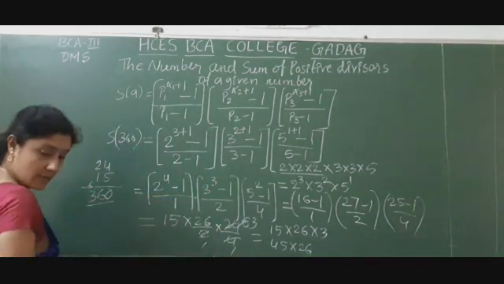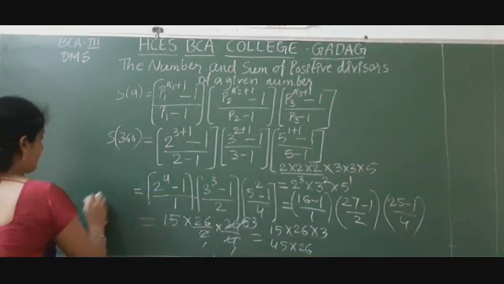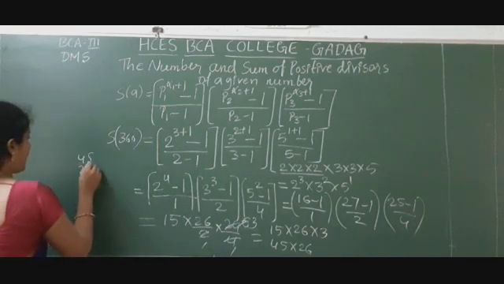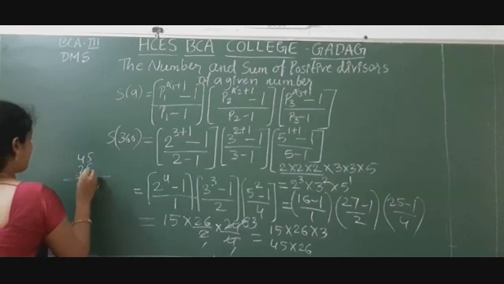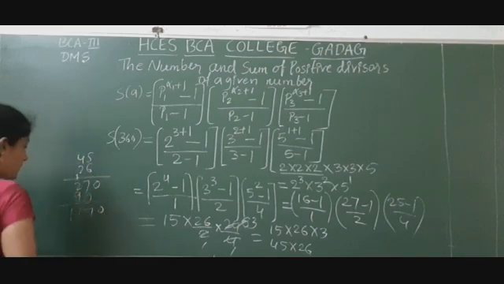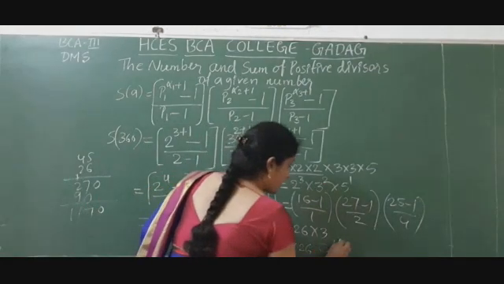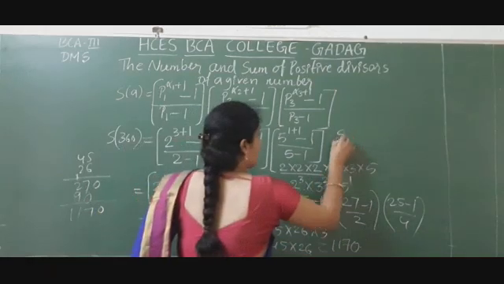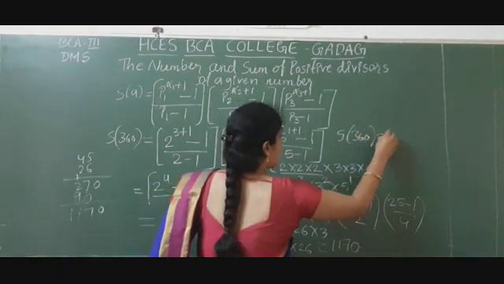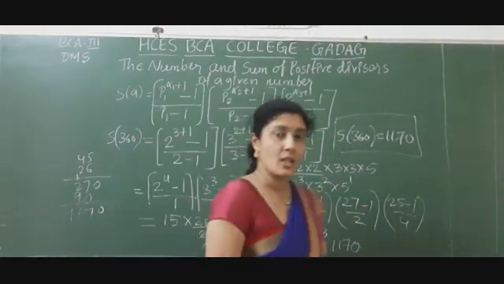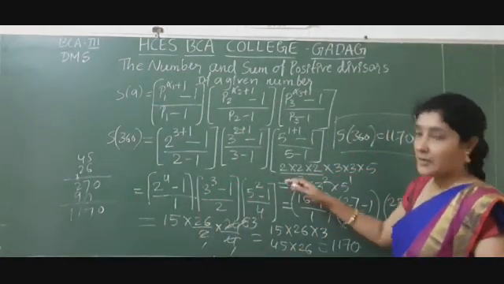Let us calculate this. 45 into 26 is 1170. Okay. Therefore, S of 360 is equal to 1170.